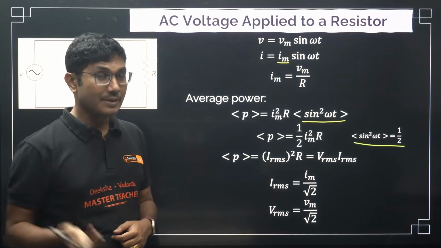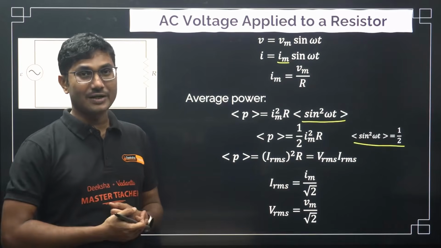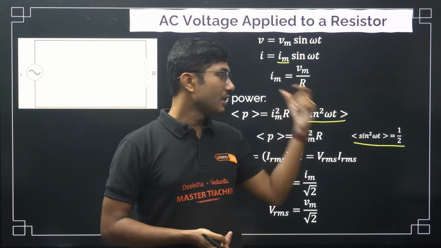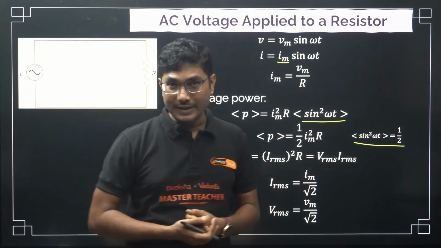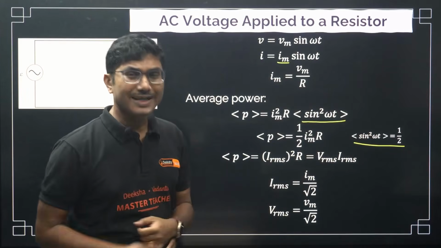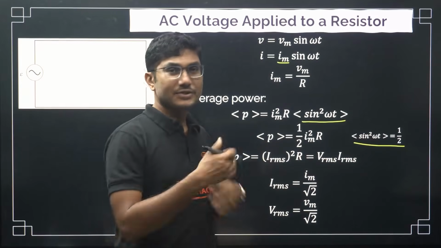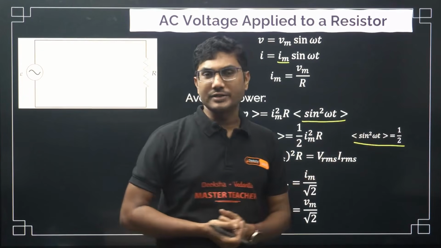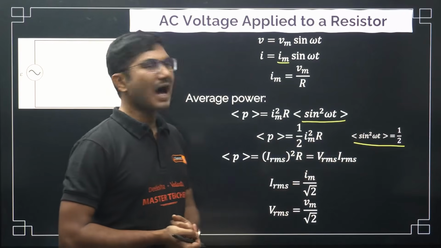If theta is a constant, the average value is different, so only if it is variable does the average value come into the picture. Here omega t is variable because time is changing with every passing second. So the average value of sin square omega t is half.